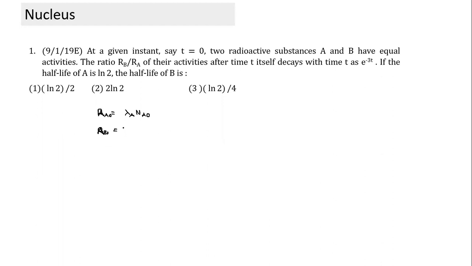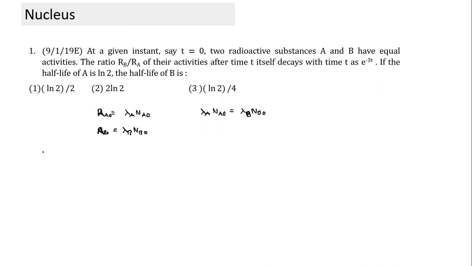So the first condition given is lambda A NA naught is equal to lambda B NB naught. I just finished writing the information which is given. What we need to find is the ratio of RB and RA.